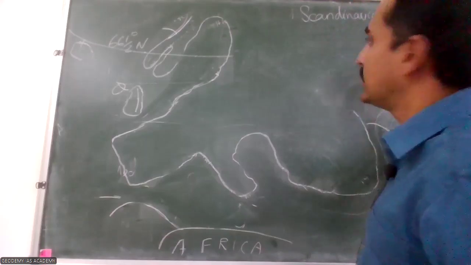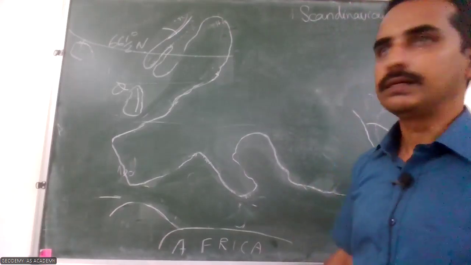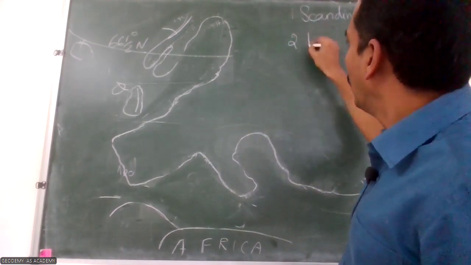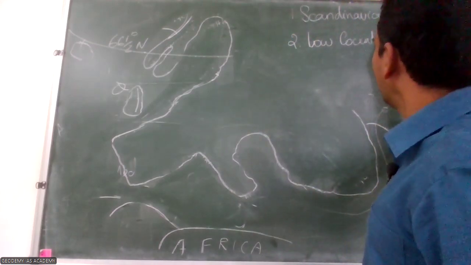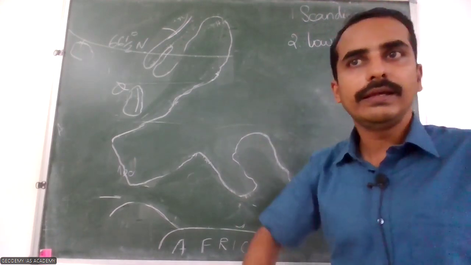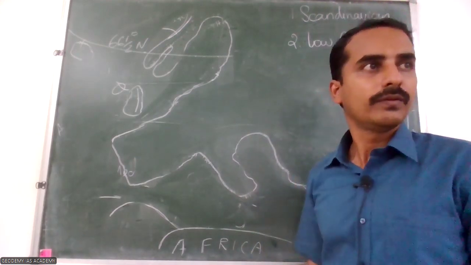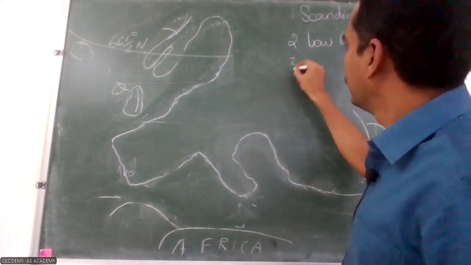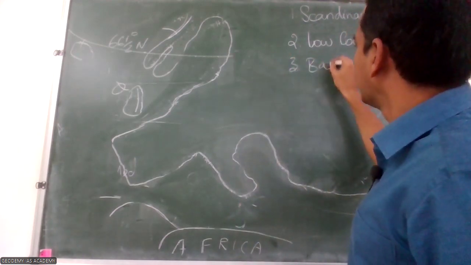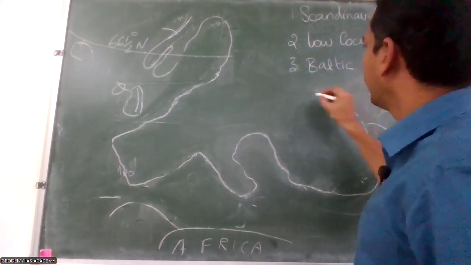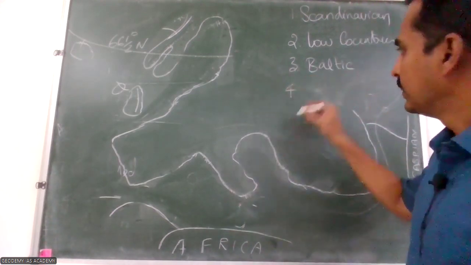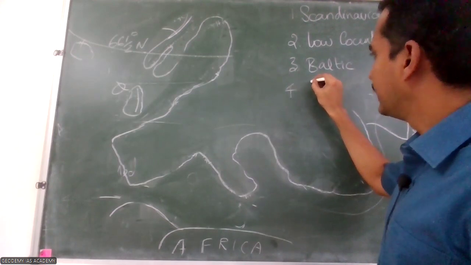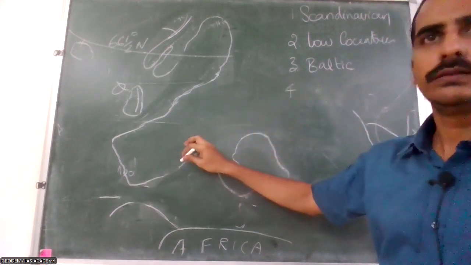Split the regions into Scandinavian countries, then low countries. Low countries means those regions lie below sea level. Then three Baltic countries, then the Iberian region with Portugal.